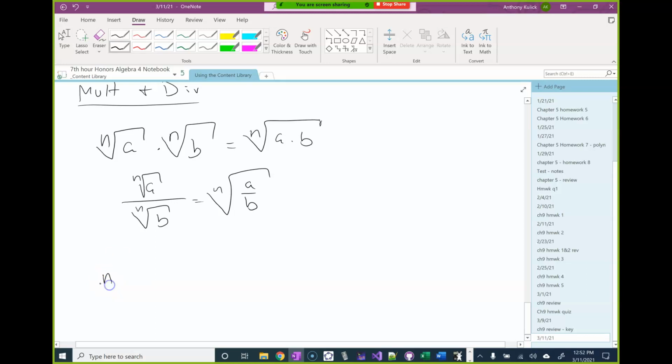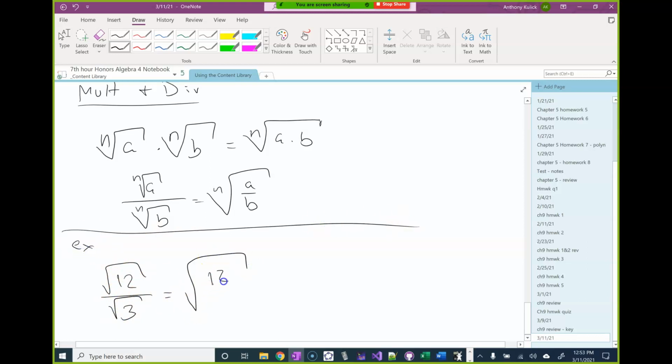So for example, if I have the square root of 12 divided by the square root of 3, I can just rewrite that as the square root of 12 over 3. And 12 over 3 reduces to 4, which is just 2.